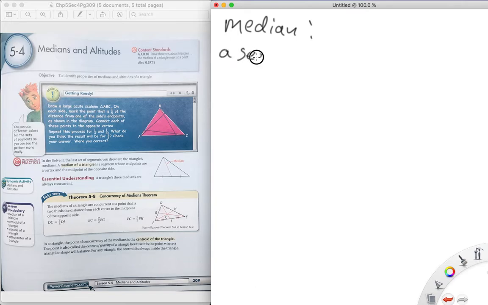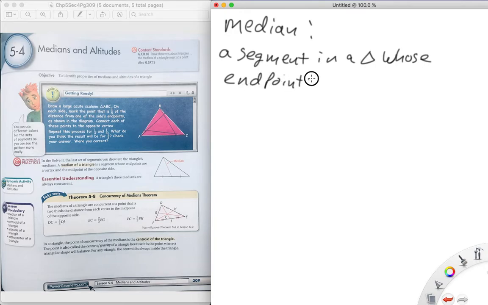So a segment in a triangle whose endpoints are the vertex and midpoint of the opposite side.